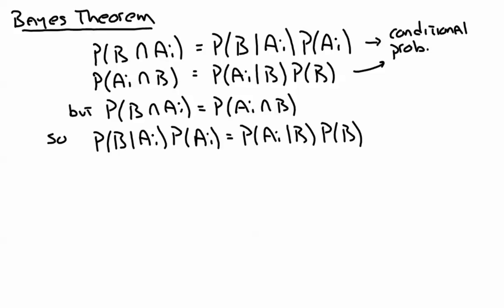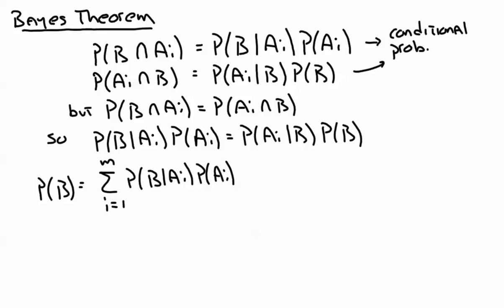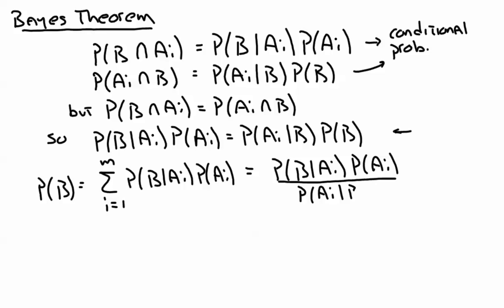From total probability, I say this. Probability of B equals, from total probability, the summation from I equals 1 to M of probability of B given A sub I times the probability of A sub I. And from my relationship here, I can rearrange and get probability of B given A sub I times probability of A sub I divided by probability of A sub I given B. So this statement here is a statement of total probability.